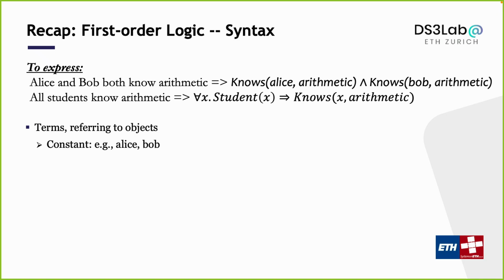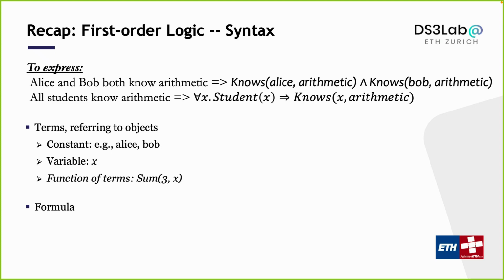There are constants, for example Alice and Bob, which are constants in my logic system. There are variables, and then there are function terms. For example, you have the function sum(3, x) that returns 3 plus x. These are the terms I have in first-order logic.